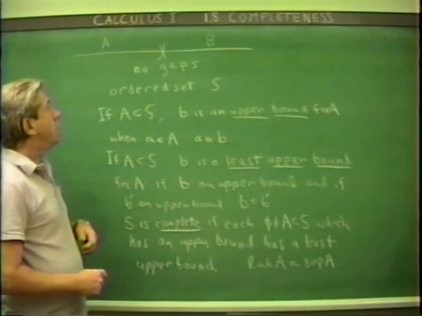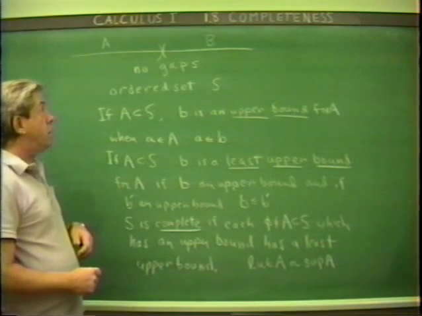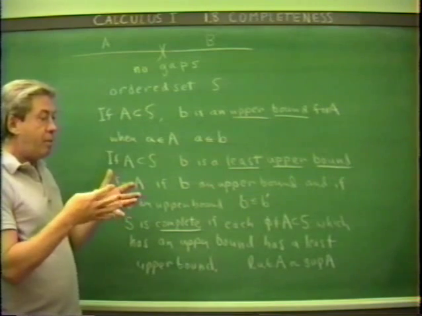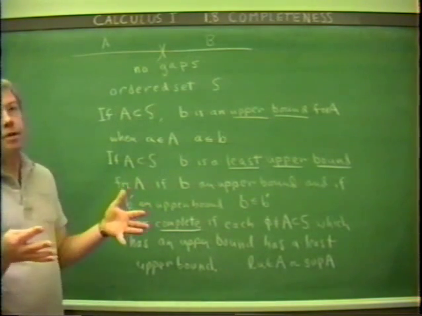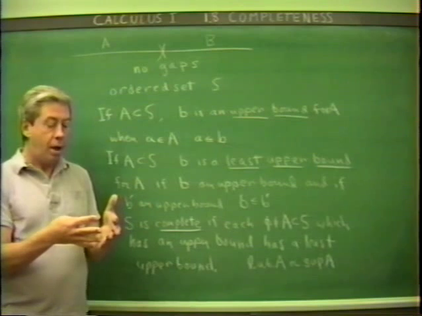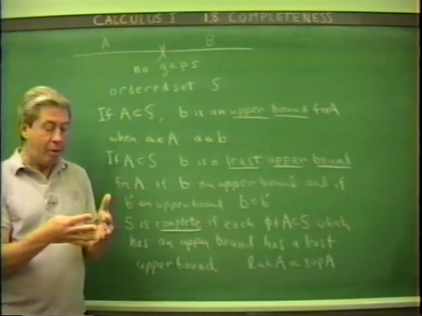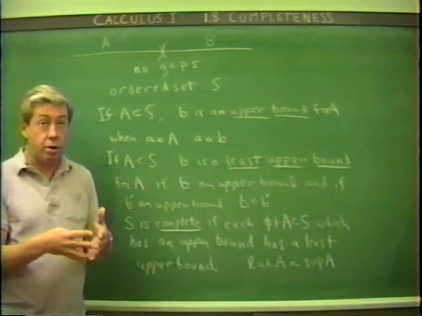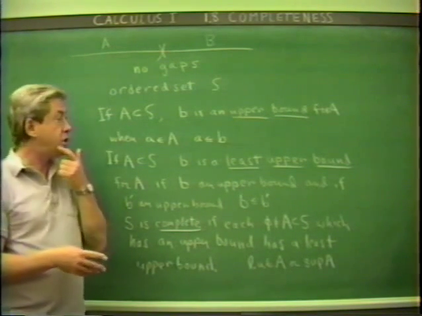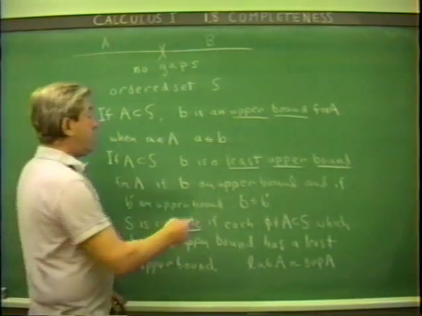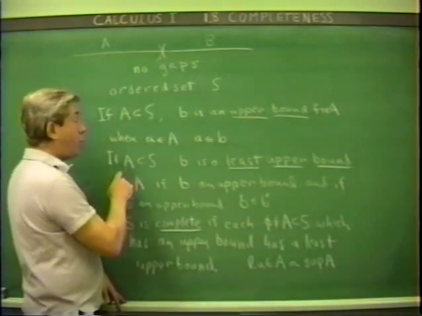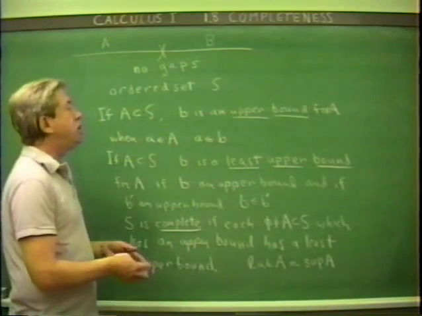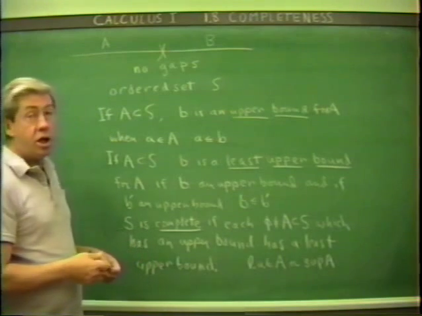The reason why this exactly describes the real numbers is as follows. If we take any ordered field, and it's also a completely ordered field, and we've got a second completely ordered field, we can compare them by relating the zero element in the one field to the zero in the other, the 1 to the 1, the 2 to the 2, the rational numbers to the rational numbers, and the least upper bound of a given set of numbers in the one to the least upper bound in the other.